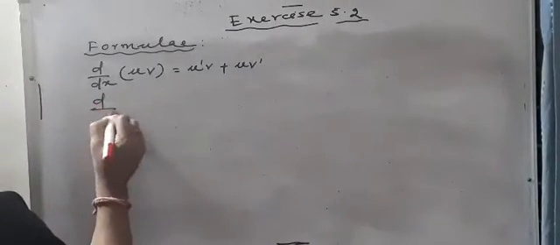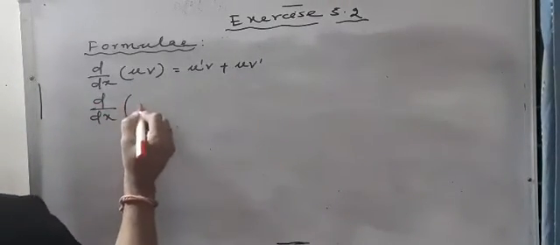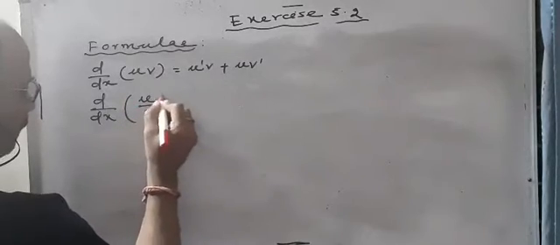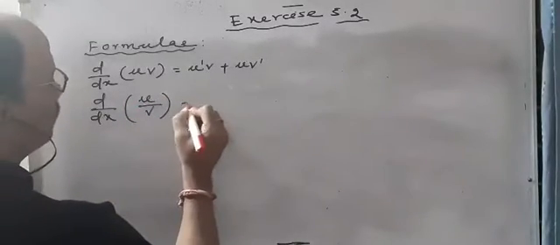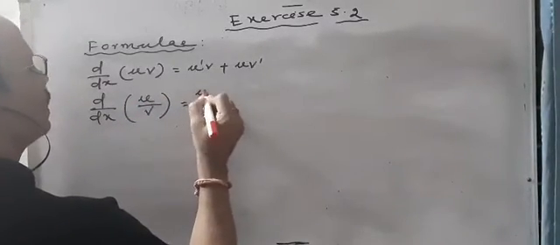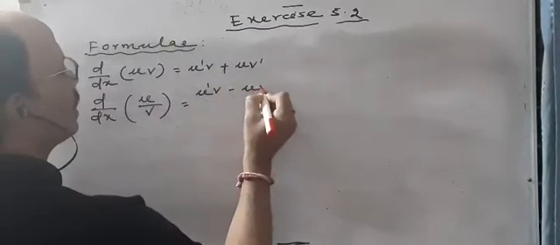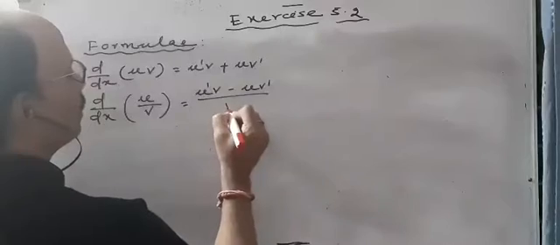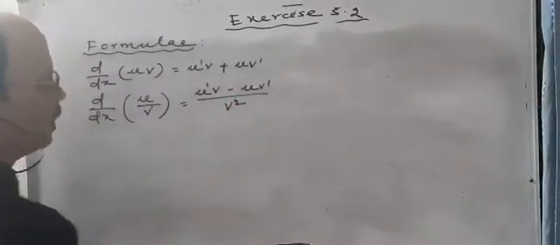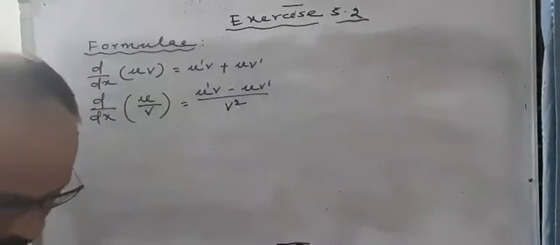Then d dx of u upon v will be u dash v minus u v dash upon v square. So here are the two formulas.